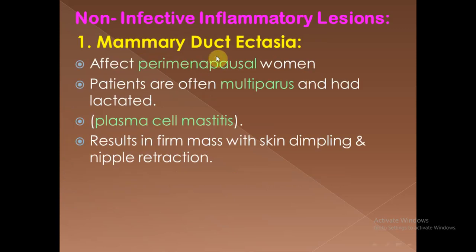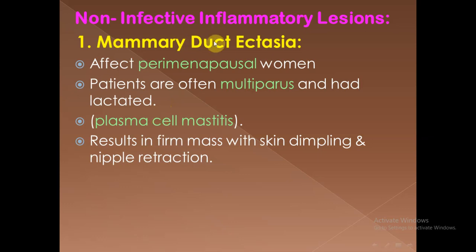And non-infective inflammatory, under this term we have mammary ductectasia, fat necrosis, and galactocele. Mammary ductectasia is common in perimenopausal women. The patient is usually multiparous with a history of lactation.